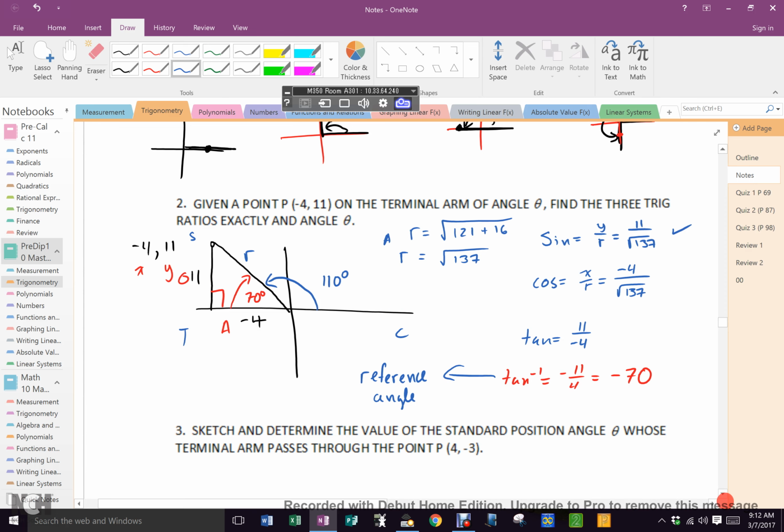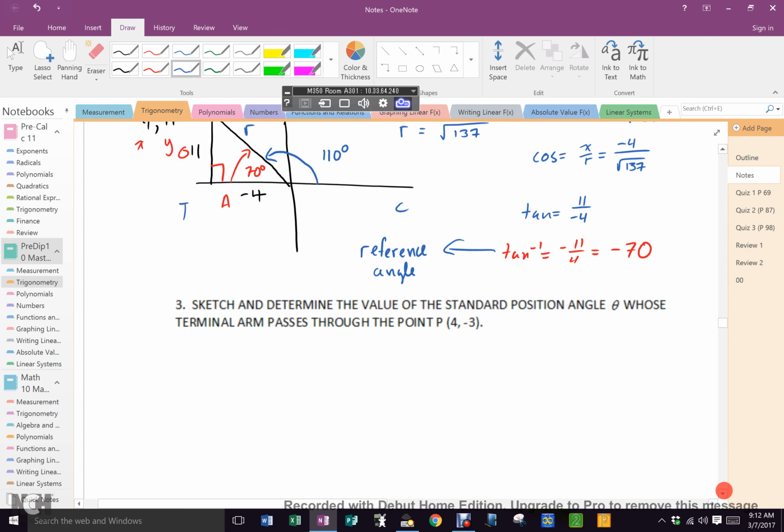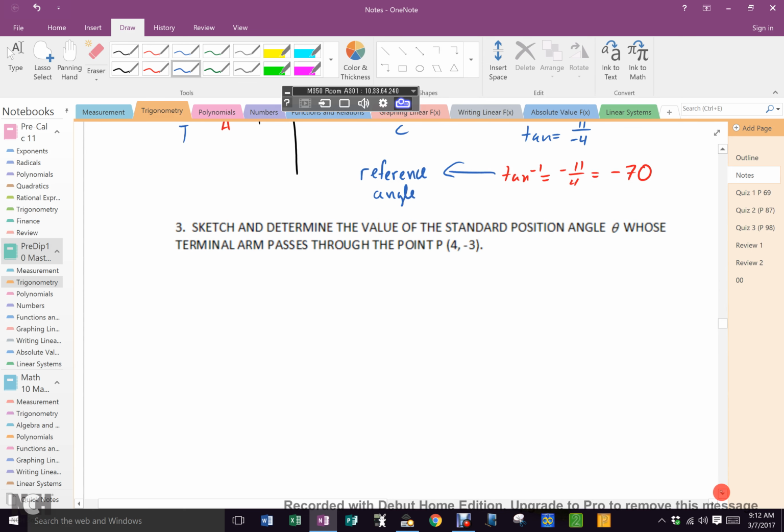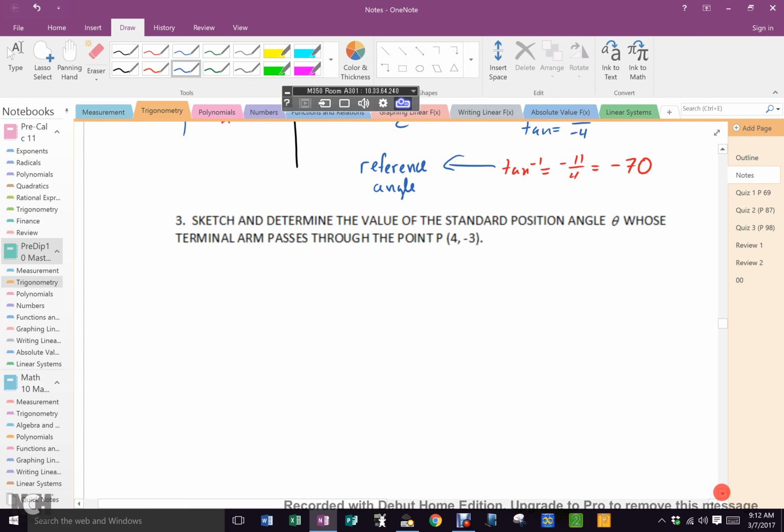All right, you guys try number 3. Sketch it first. I'll do the sketch with you, and then we'll go from there. 4, -3. Where's that? Right out here, yes? Which means where's theta?